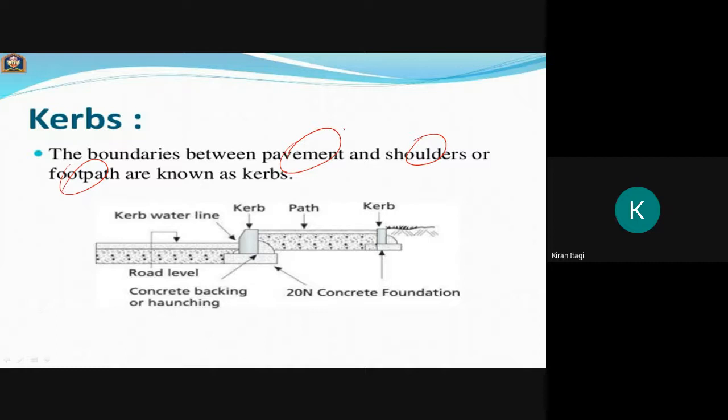Nowadays you can see the roads like this. This will be your carriageway, this will be your shoulder, this will be your curbstones, and this will be your footpath. Here you can clearly see in this figure the road level, curbstones, and the footpath. And if they want to divide again, they will provide curbstones again. Just remember what you mean by curbstones, that much is not important.